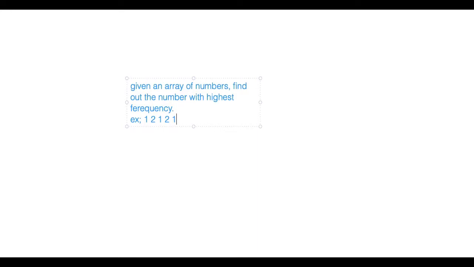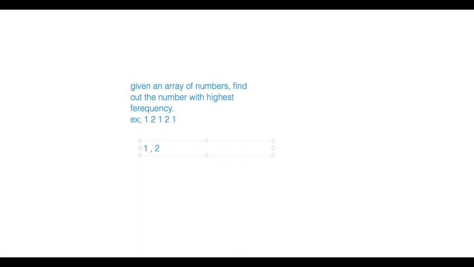What will we do? How can we figure this out? Maybe we need to identify the unique numbers first. Once we get the unique numbers, we need to increment the count of each number.